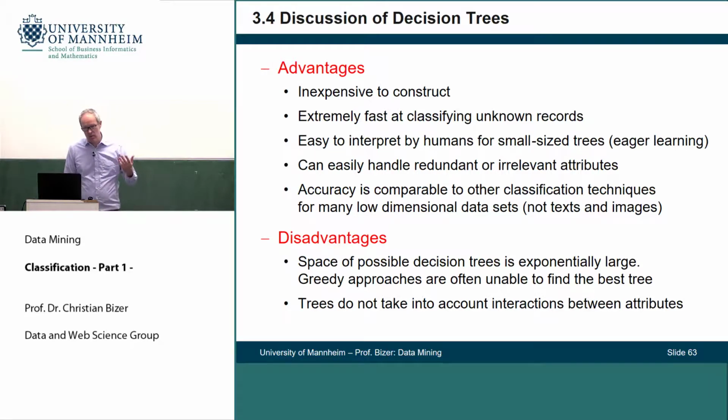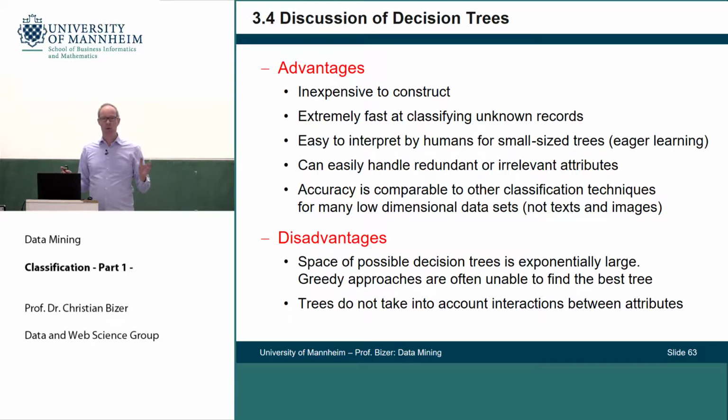So decision trees and random forests are very good at doing feature selection for us. They can work with irrelevant attributes and also with redundant attributes. Their accuracy, which is another performance measure, is comparable to other classification techniques.